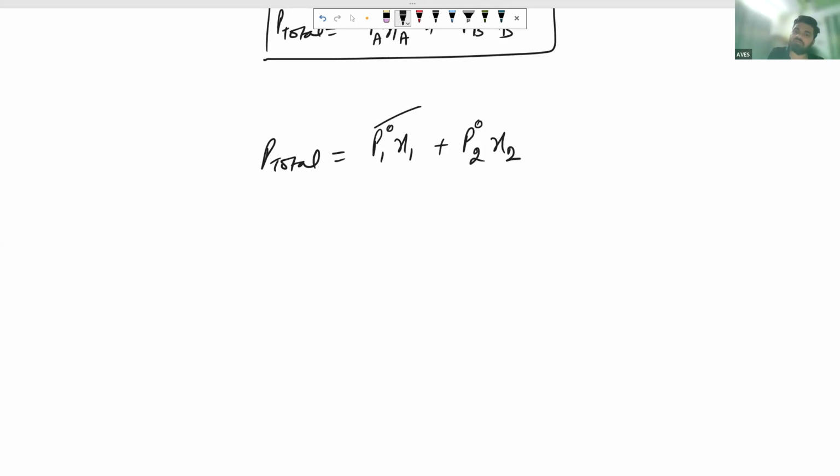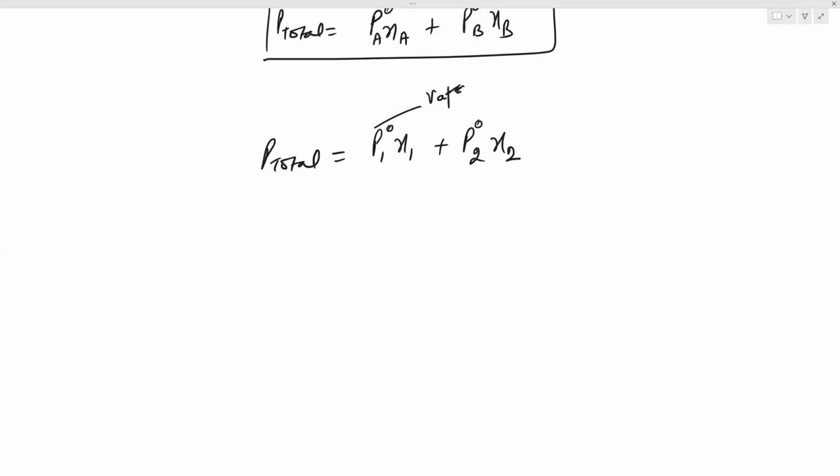This is the vapor pressure, the vapor pressure in the pure state.